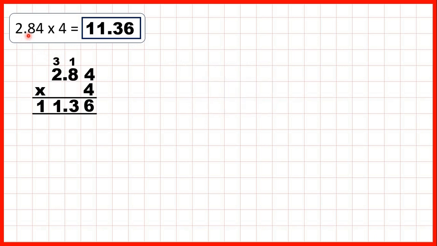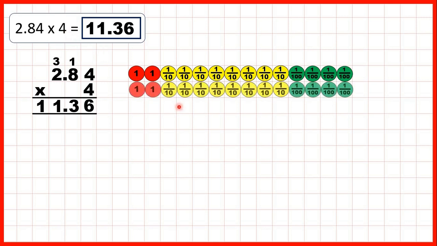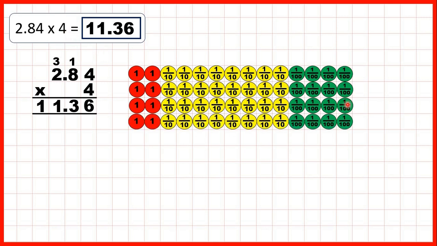Then we had 2.84, so that's 2 ones, 8 tenths, and 4 hundredths. We're multiplying by 4, so we can show this 4 times. Now you can see that we get 16 hundredths. We wrote the 1 above the tenths column because 10 of these hundredths can make 1 extra tenth.